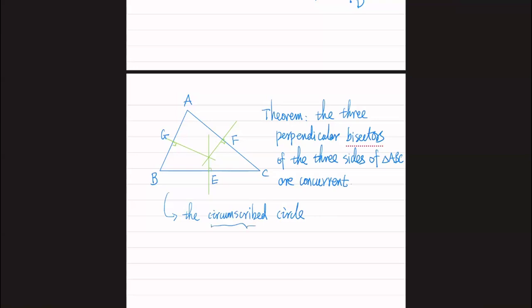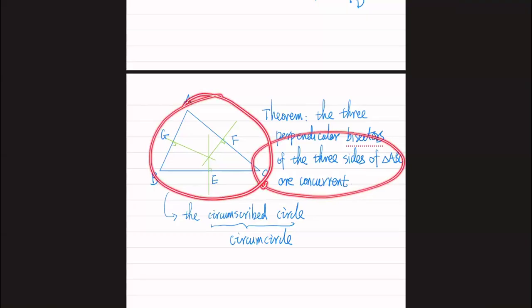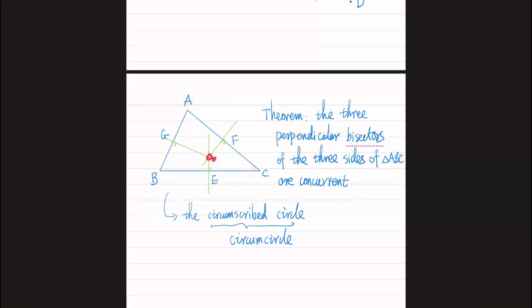We will give a short name for this, as we have done for the incircle. Okay. So we will learn more about this next time. Why are they concurrent? How to draw the circle? This will be the center. How do we find the radius? Okay, we'll learn more about this next time.